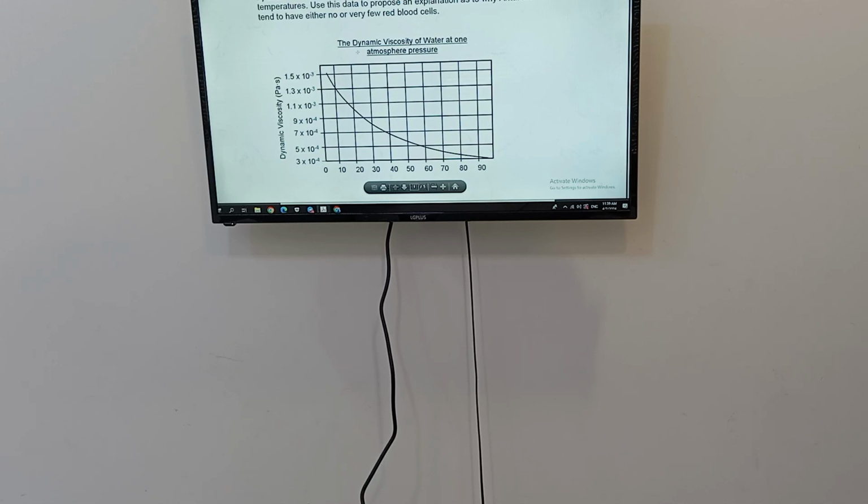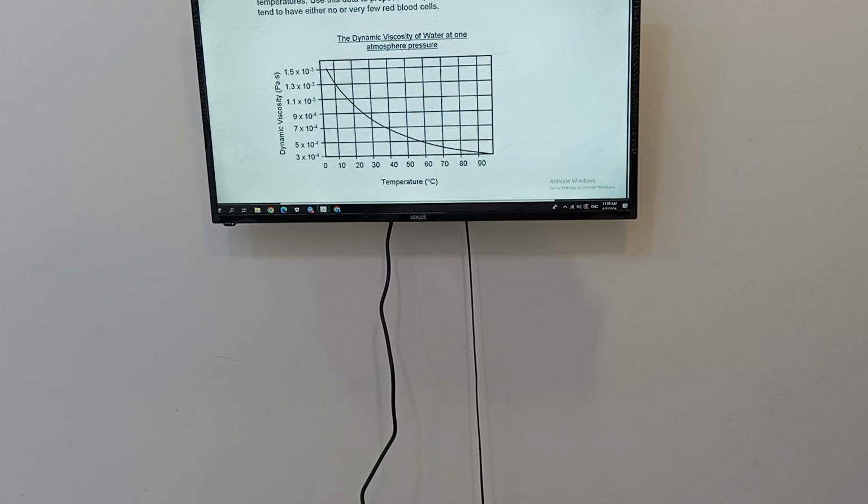Okay, we have here the dynamic viscosity of water at 1 atmospheric pressure. Here our pressure will be 1. For example, at a temperature of 30, our dynamic viscosity will be about 7, roughly between 7 and 10.